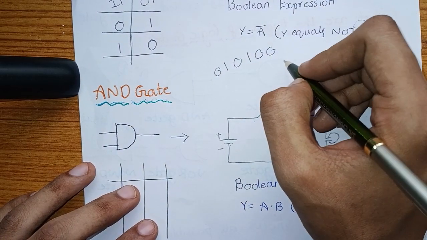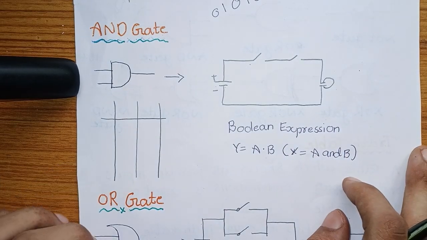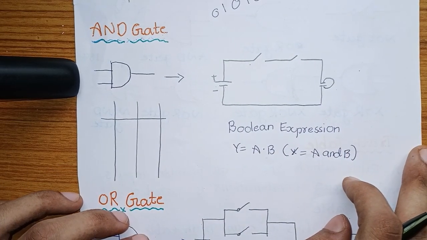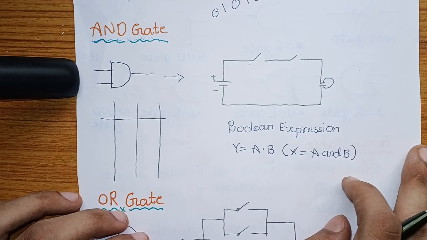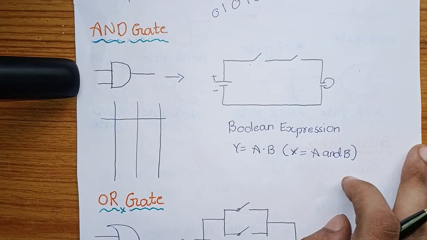Leave the definition aside: logic gate circuits can only understand the language of the binary system. What is the binary system? A sequence of numbers made of 0s and 1s.